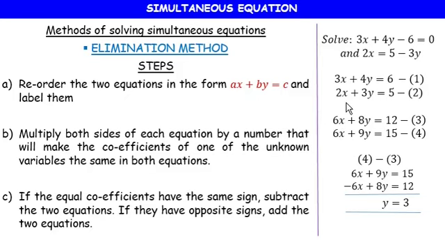Now we have x here, we have x here, we have y here, we have y here, right? So assuming we want to eliminate x, before you can eliminate this x, the coefficient of the two x in the two equations must be the same, right? So if I want to eliminate x in the two equations, then I have to multiply the two equations by a number that will make the coefficients the same.